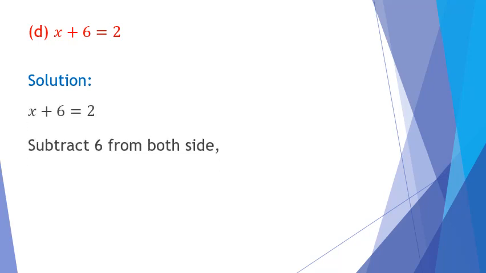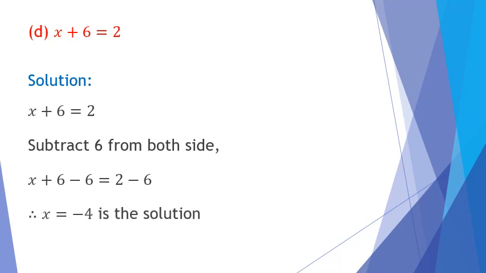So we can write: subtract 6 from both sides. We get x plus 6 minus 6 equal to 2 minus 6. In the LHS, plus 6 and minus 6 cancelled, and 2 minus 6 will give minus 4. So x equal to minus 4 is the solution.